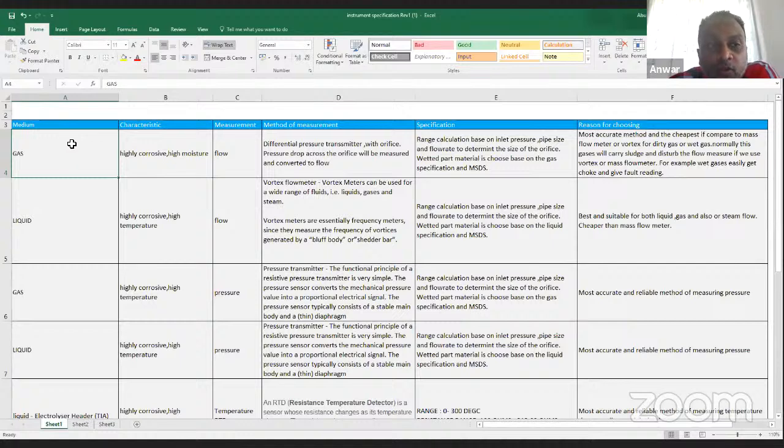Okay, so the method of measurement will be using a differential pressure transmitter with an orifice in place. So how does it measure? Basically, the pressure drop across the orifice will be measured, and also converted to flow.